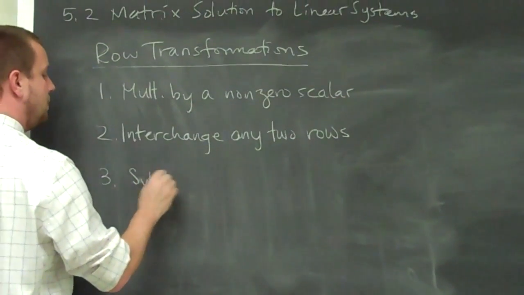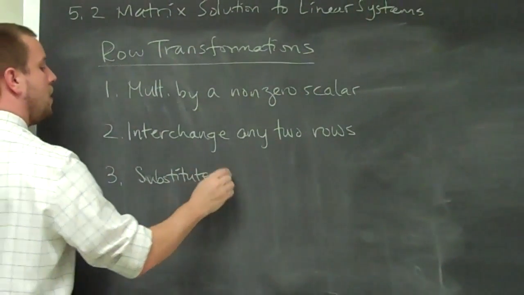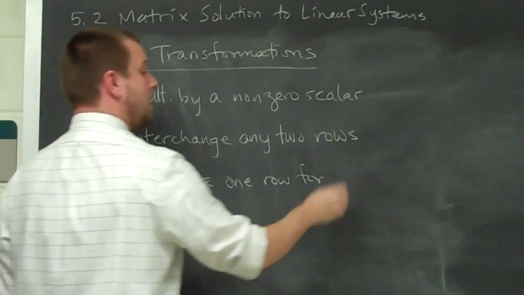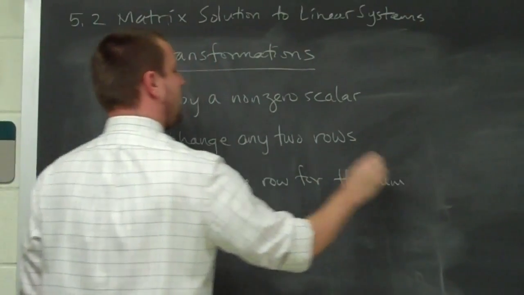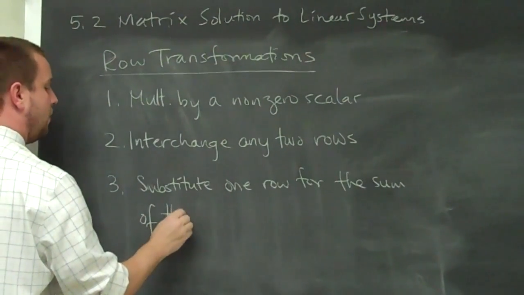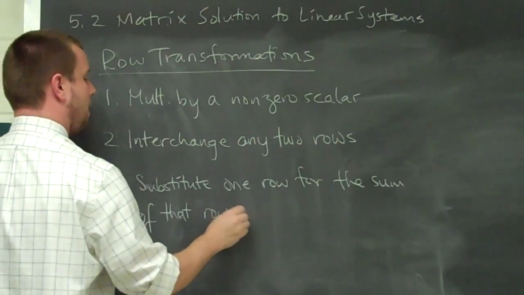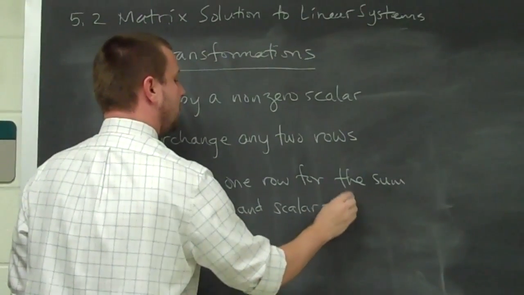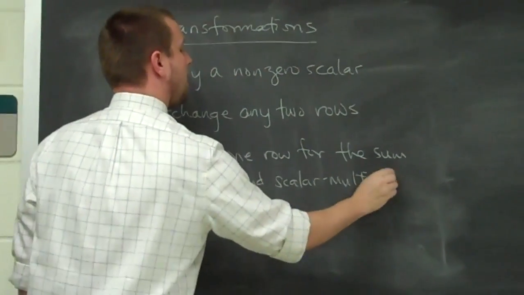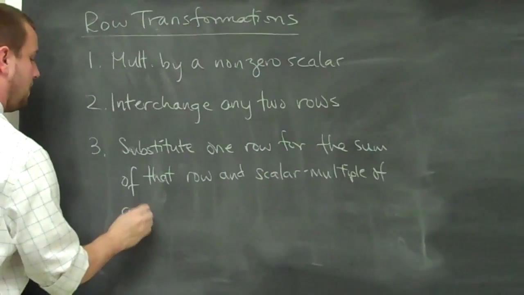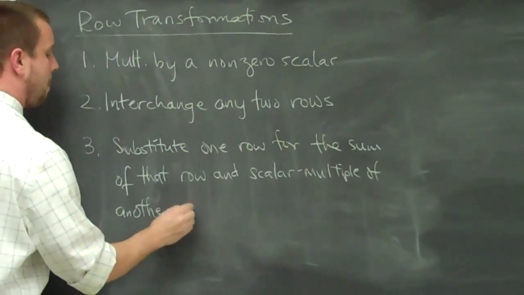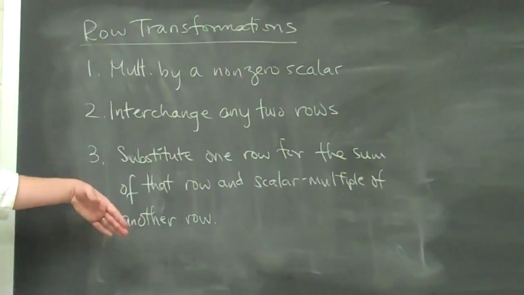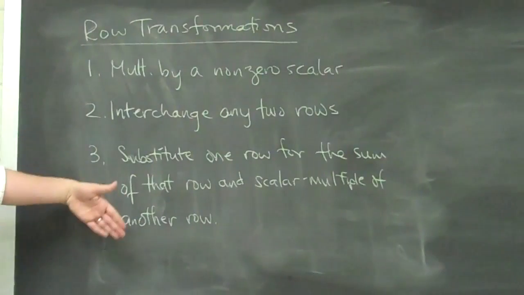You can substitute one row for the sum of that row and a scalar multiple of another row. Okay. So I can replace like the third row with 2 times the second row plus the third row.